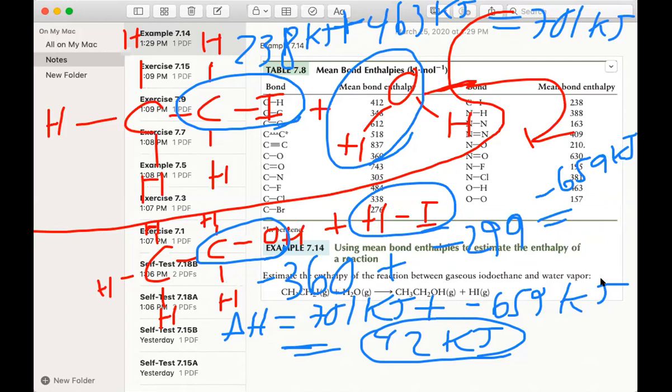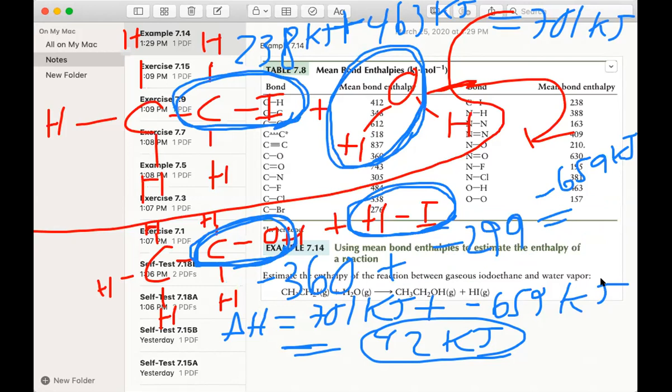So because these bonds were being produced, we gave their values negative signs. Forming bonds releases energy, exactly as much energy as it takes to break the bonds. So these bonds over here were being broken, so we used the positive values that were in the table, okay? Yeah, that makes sense. Perfect.